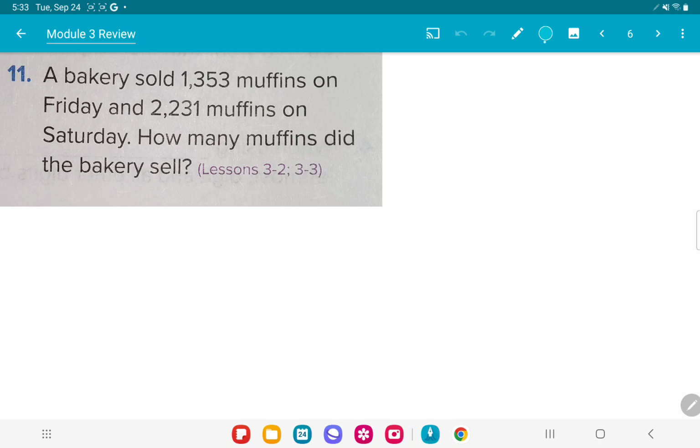Number 11. A bakery sold 1,353 muffins on Friday and 2,231 muffins on Saturday. How many muffins did the bakery sell? We're looking for how many muffins did the bakery sell. So we know on Friday the bakery sold 1,353 muffins.